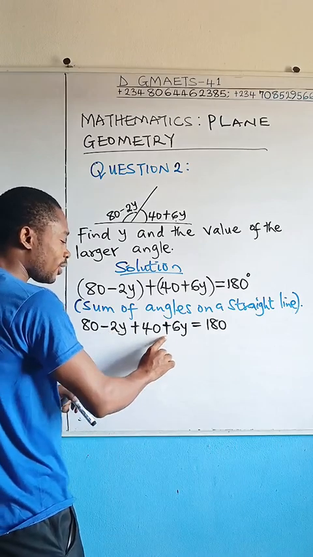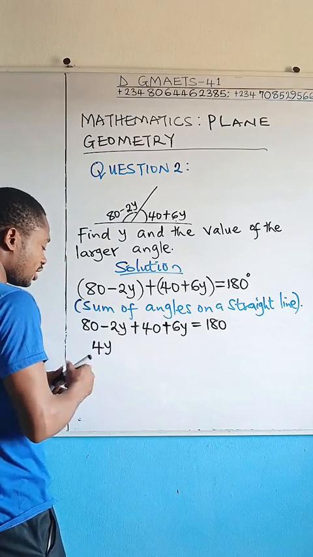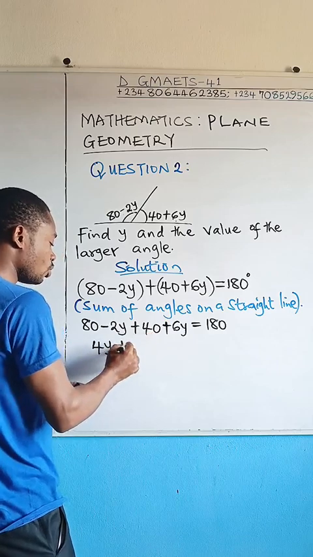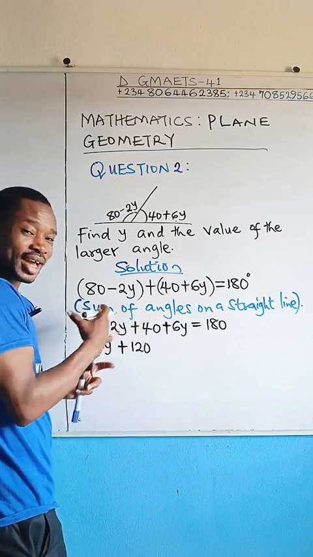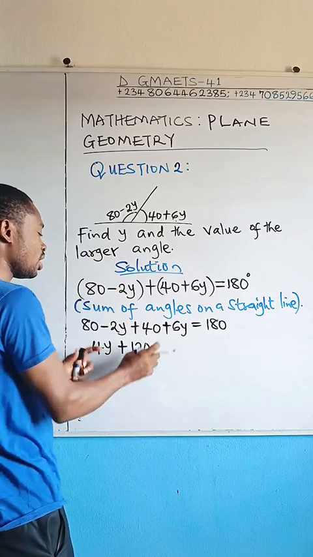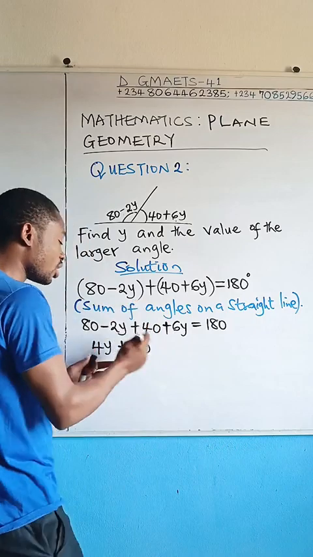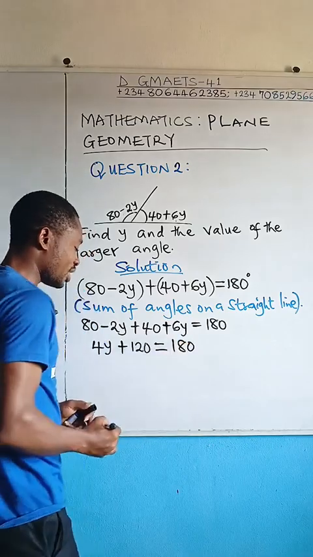Minus 2y plus 6y gives us 4y, like I said. Then 80 plus 40 will give you 120. I've simplified this left-hand side. Like the alphabets, I work them together to get a single term, and the pure numbers on the same left-hand side, I work them together to get a single term. So make this equal to 180.